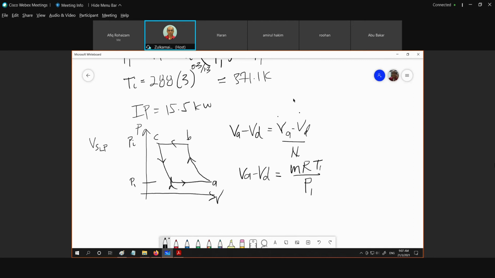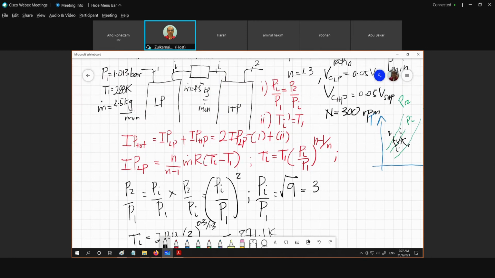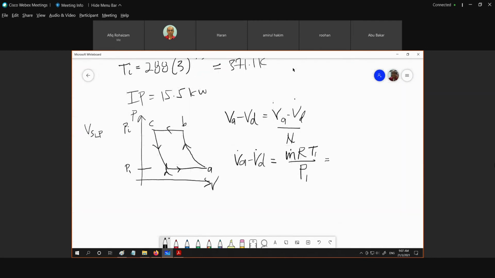Dan dalam kes ini kita dapati bahawa kita ada tak nilai M. Oh, sorry. Yang ini kita dapat dot. Ini dot, ini dot, ini dot. Sebab dia berikan M dot. Jadi kita dapati di sini adalah 4.5. Betul? Ya, 4.5.